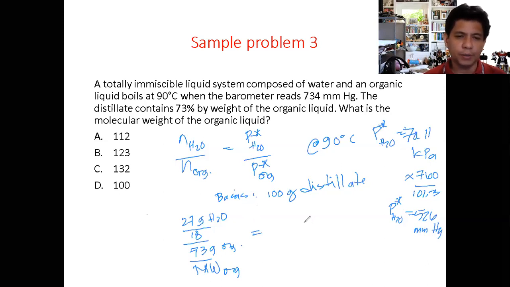So P star H2O is 526 millimeter mercury.